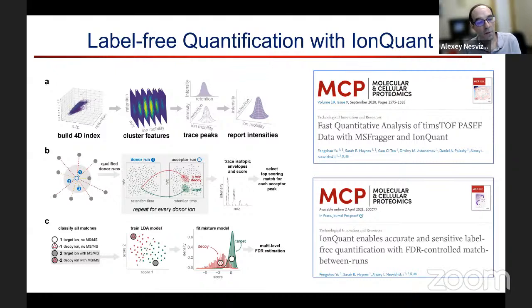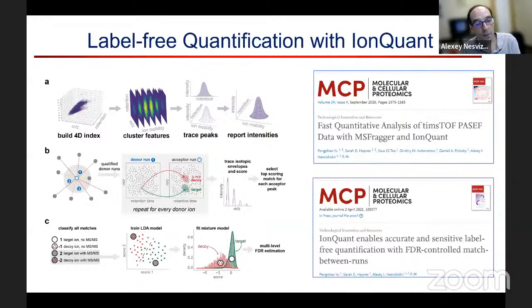First, we have advanced signal processing, so it's fully compatible with timsTOF PASEF data, and in fact, probably most timsTOF users who are using label-free quantification are using FragPipe with MSFragger and IonQuant, because it's super fast. It's day and night compared to other tools.